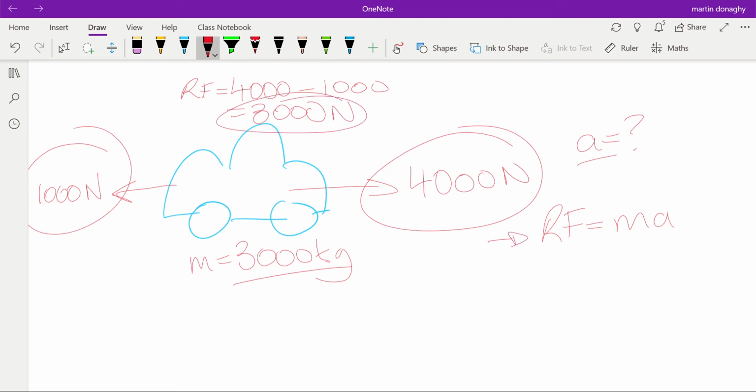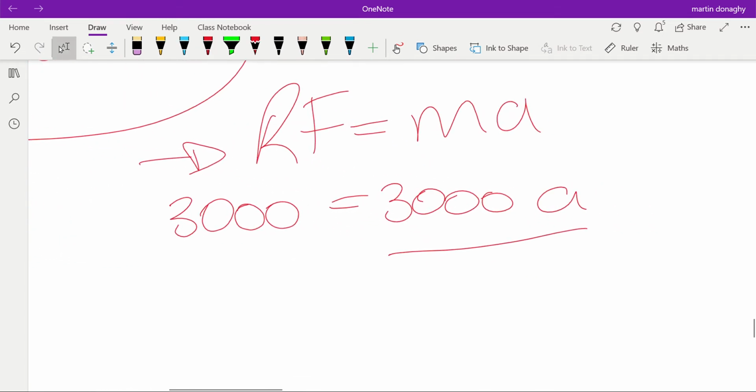It's only this that we can use in our equation. So we write out the equation again and put in the things we know. The resultant force, 3,000, is equal to the mass, which is also 3,000, times the acceleration. So we have 3,000 A's. You can probably see that it's going to end up as 1, but let's go through the steps. We want this to be just 1A.